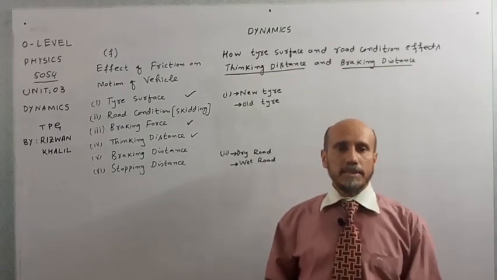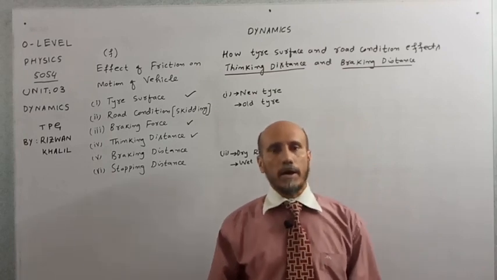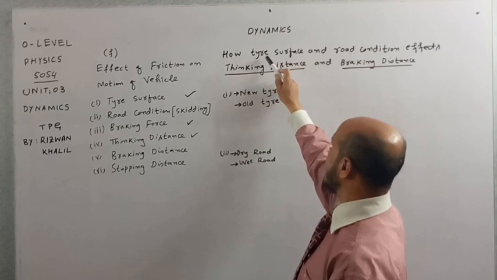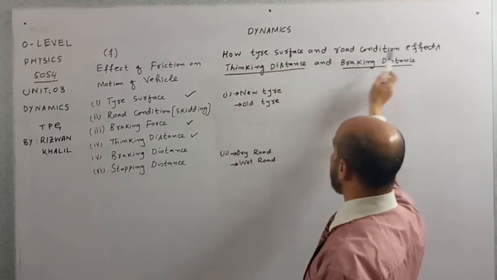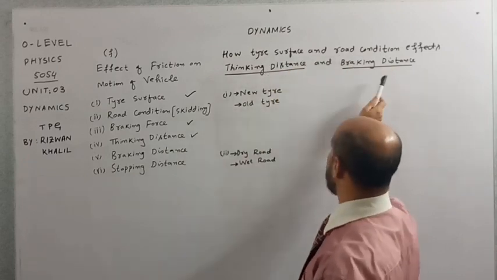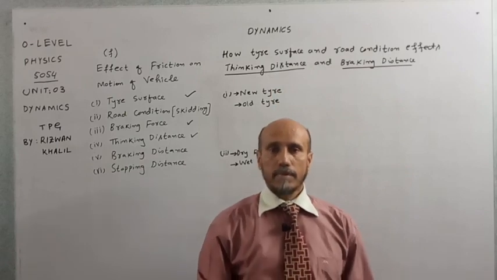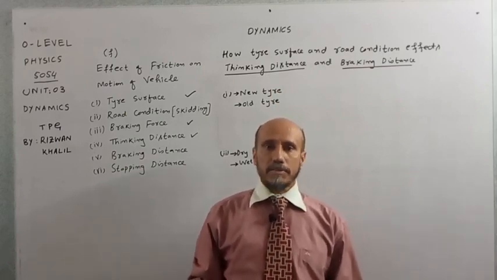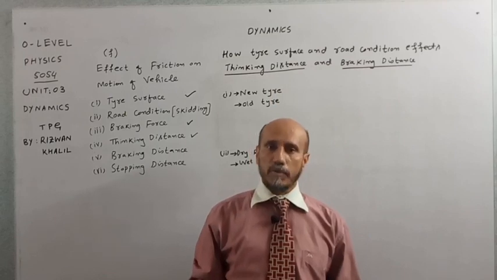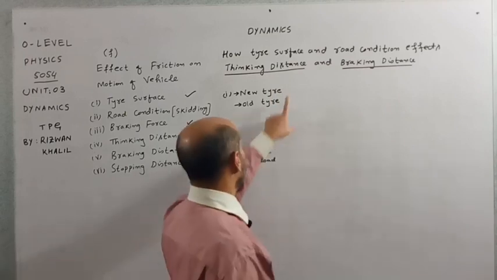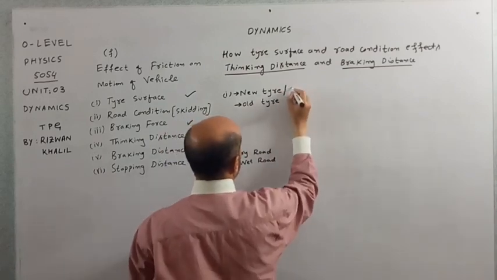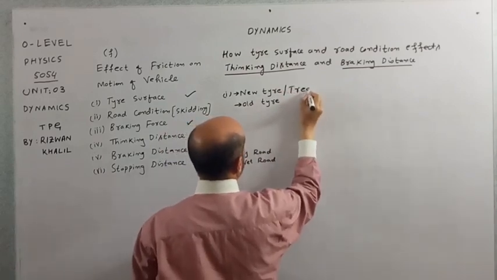Now we will discuss another aspect of this learning outcome, how tire surface and road condition affect the thinking distance and braking distance. If we are considering tire surface, then we will consider two types of tires. A new tire, which means having proper tread.